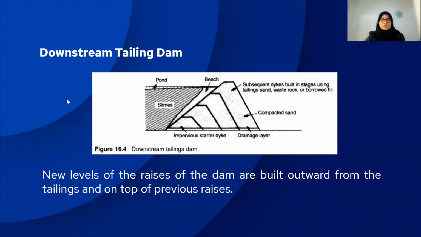Most storage water is possible with this dam. This is the only method that permits design and construction of tailing dams to be acceptable for engineering standards, but it is the most expensive because it needs greater fill volume.